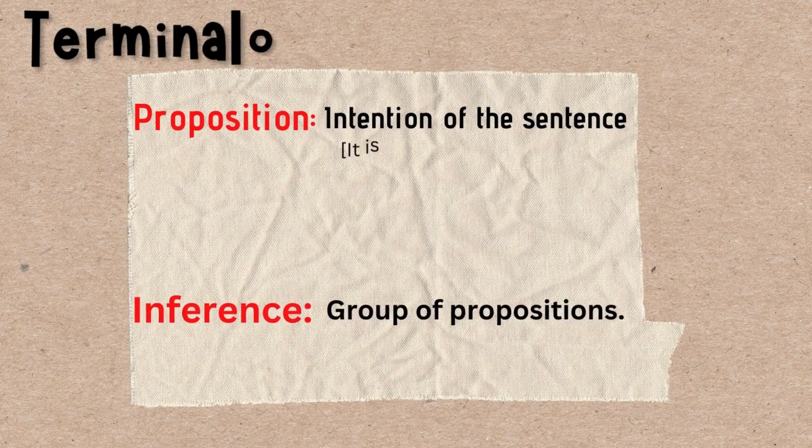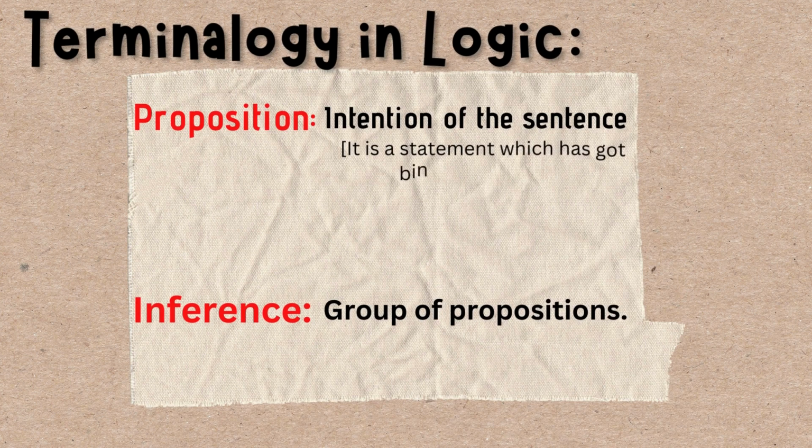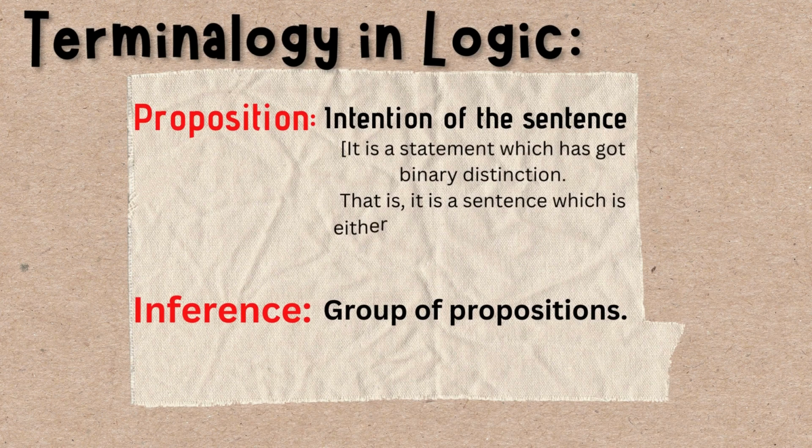In classical logic, there are a few terminologies which you must understand to understand this subject effectively. The first terminology is proposition. It is a statement which has a binary distinction. Binary distinction in the sense that it can be true or false, but not both.